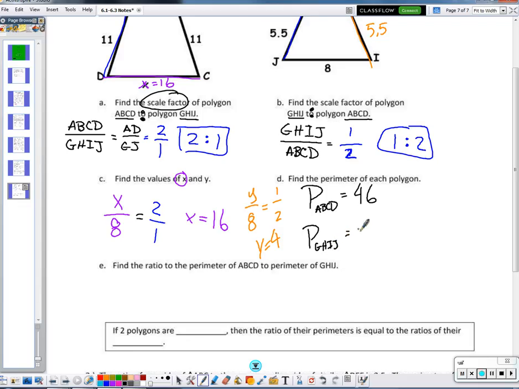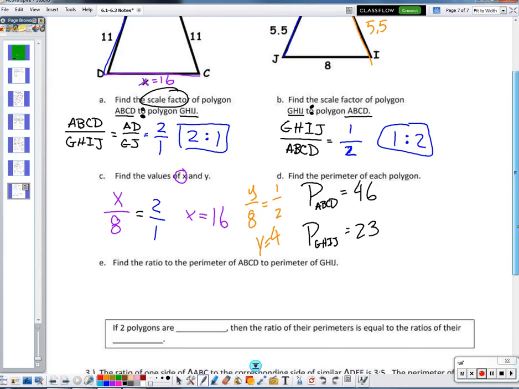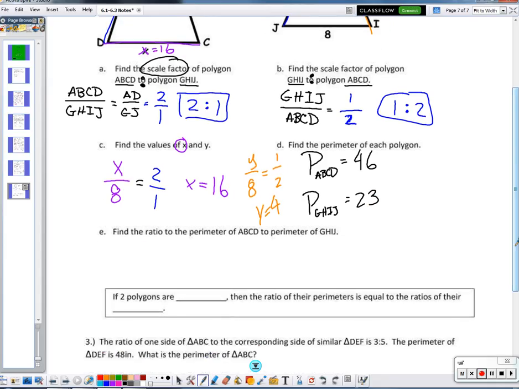Alright, so those are my two perimeters. What would be the ratio of the perimeters of ABCD to GHIJ? If I divided them in half, what would the ratio be? 2 to 1. Wait, that sounds like the ratio of the sides themselves.